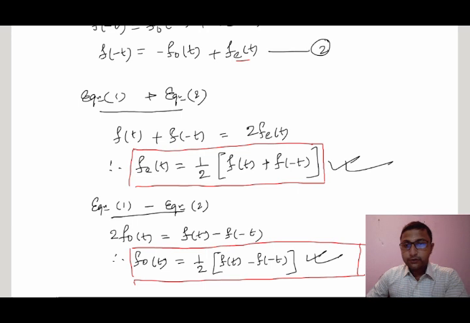Next, we have already discussed the three major categories: the first is continuous signal and discrete type signal, the second is periodic signal and non-periodic signal, and the third is odd signal and even signal. And from that, I have already discussed that each and every signal can be decomposed into its odd and even components.